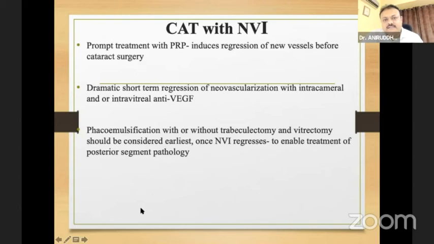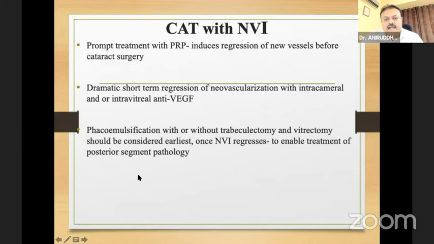And there's another scenario, which is the cataract with NVI, prognostically not a great case. Prompt treatment with PRP induces regression of the new vessels before the cataract surgery. We can use anti-VEGF either intracamerally or intravitreally, which causes dramatic regression of the neovascularization.